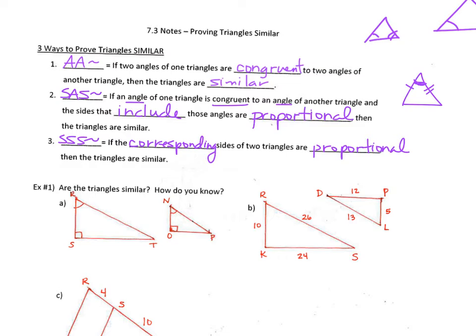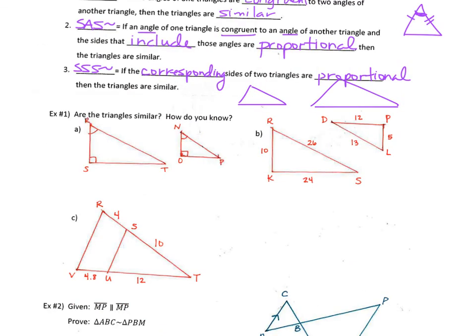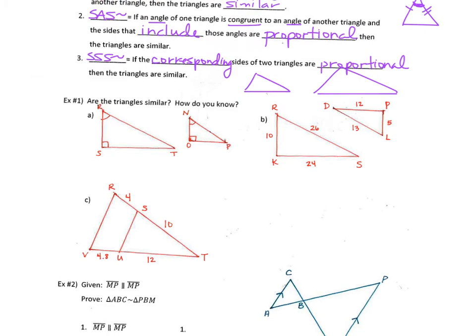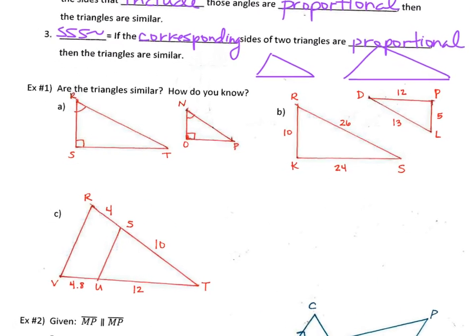Okay, so with SSS, you'll have something like this, right? It's not that these 2 sides are congruent. They're not congruent. They're proportional. So that means the ratio of one to the other will be consistent on all 3 sides, okay? Excuse me. So we're going to look at a few examples here and determine, are those triangles similar based on the 3 theorems that we just said?